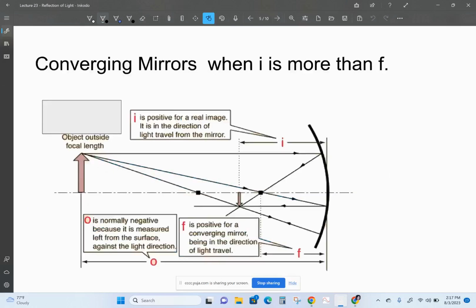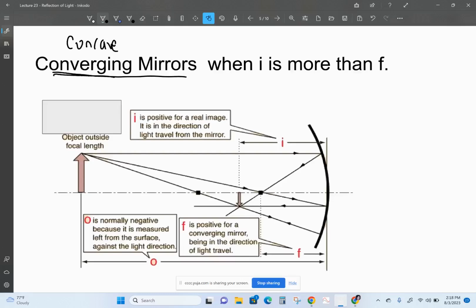So converging mirrors are going to have the same kind of rules. We can form real images and virtual images, but a converging mirror is not called a convex. It is actually the inside of the cave. It's called a concave mirror. So a concave mirror converges light.